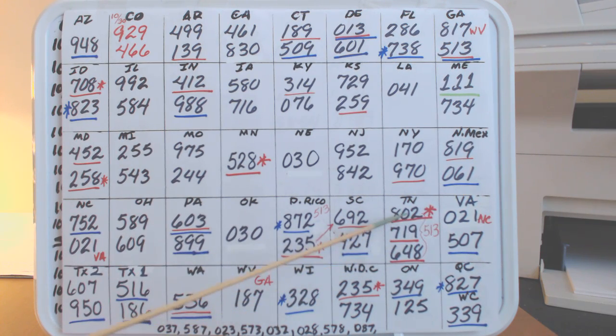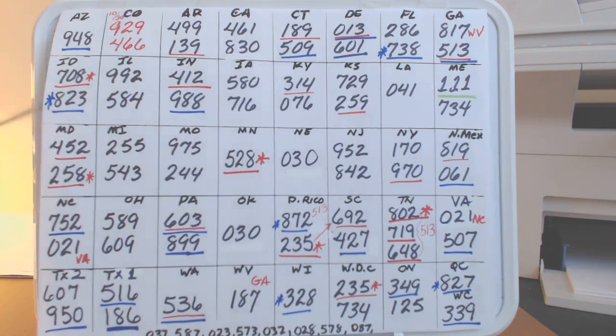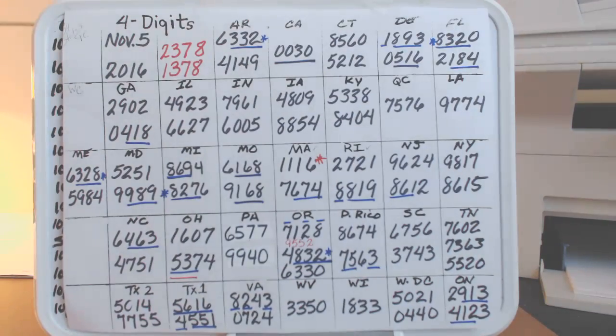And the 513, Saturday the 5th, you found every last one of these numbers in the minus column of the 513. You found, not necessarily in this order, the 802, 719, 648. They are all in the minus column of the 513.